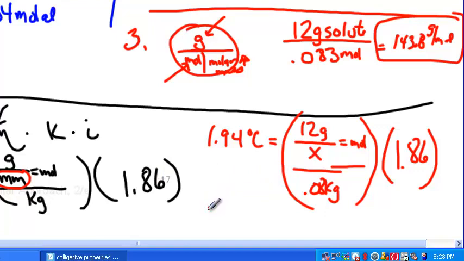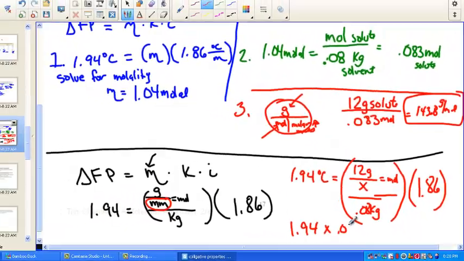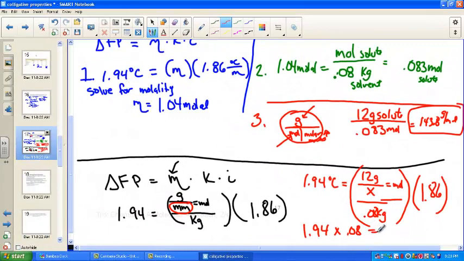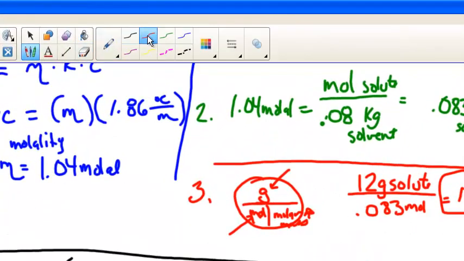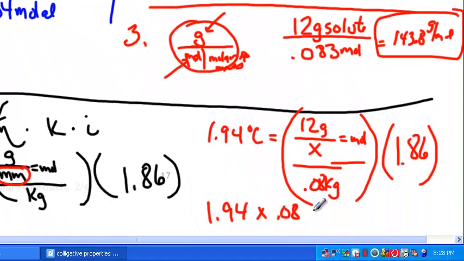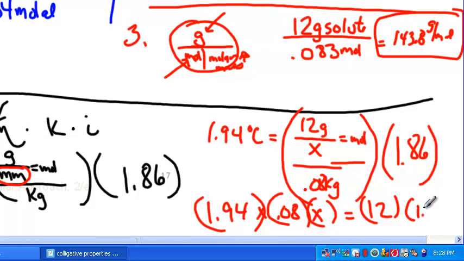Just thinking of key sequence: 1.94 times 0.08 times X is 12 times 1.86.